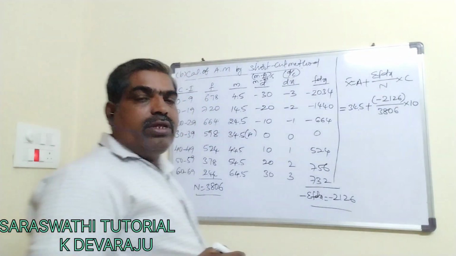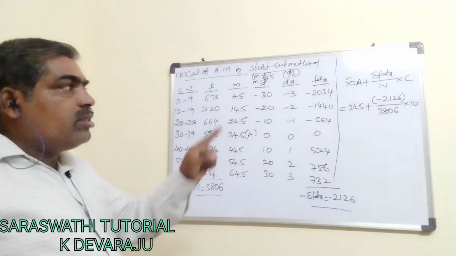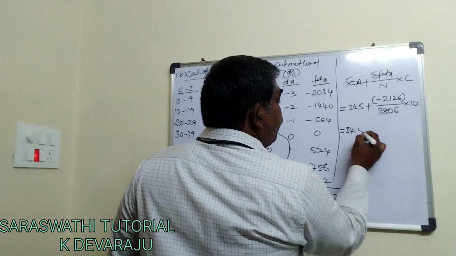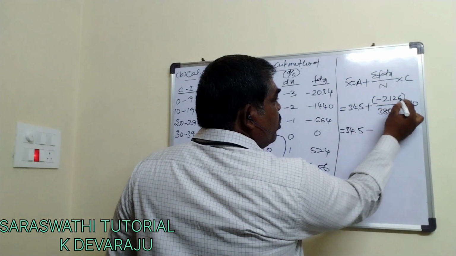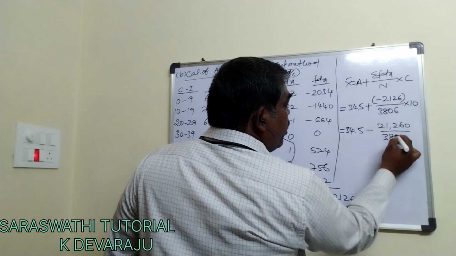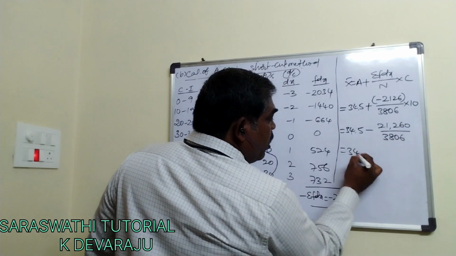C is the difference of the class interval, 10. So 34.5 plus into minus is minus 2,126 into 10, which is 21,260, by 3,806.